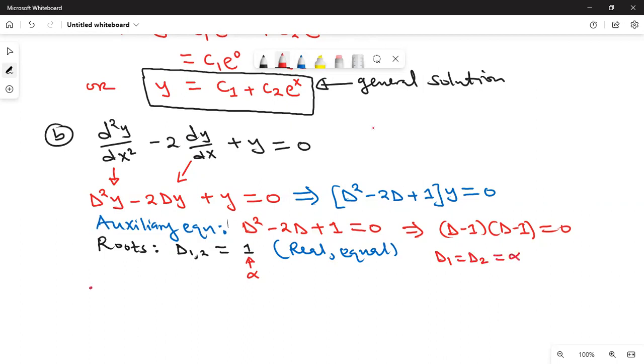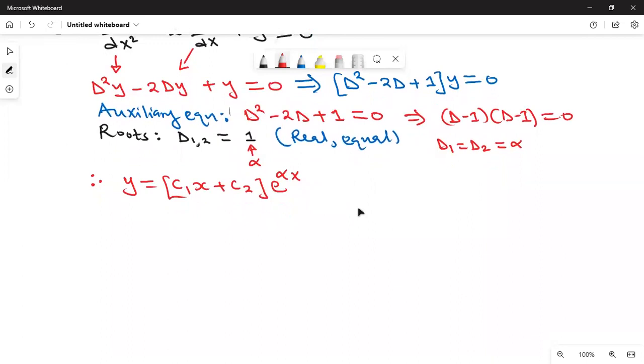So how do you need to write your general solution? You'll write y is equal to a constant C1 x plus another constant C2, then exponential alpha x. That's how you need to write your general solution. In this case, our alpha is 1, so I'll just replace the value of alpha.